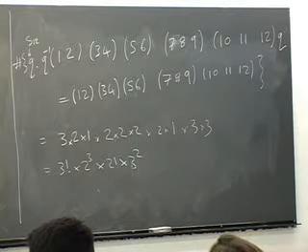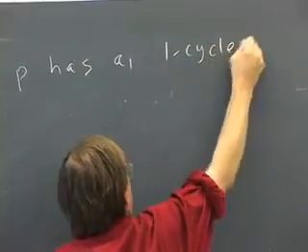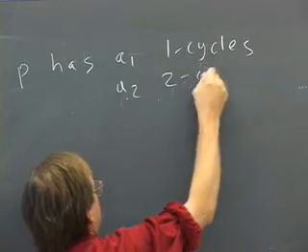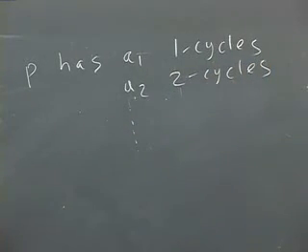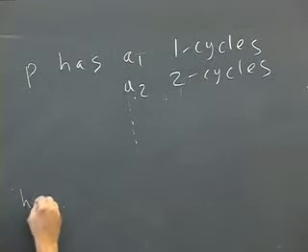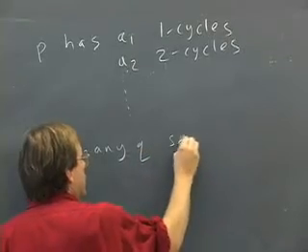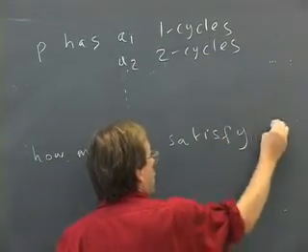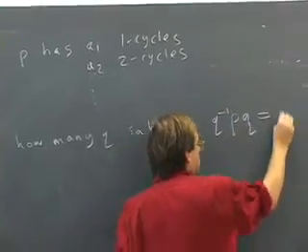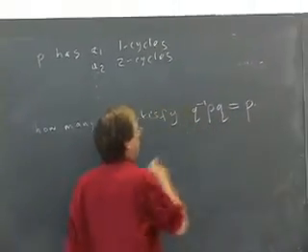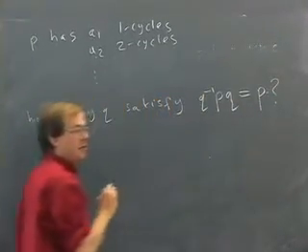So if P has a1 1-cycles, a2 2-cycles, and so on, then how many Q satisfy Q inverse PQ equals P, or any conjugate of P? It doesn't matter what I put there. Well, can anybody tell me what the answer is going to be?